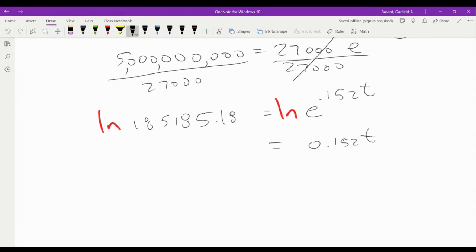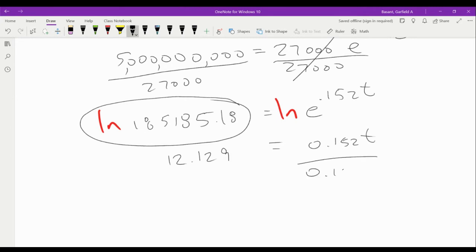Anyone? Just do this in your calculator. What's the answer for this? 12.129. Thanks, Bruce. And then we're going to divide by 0.152.